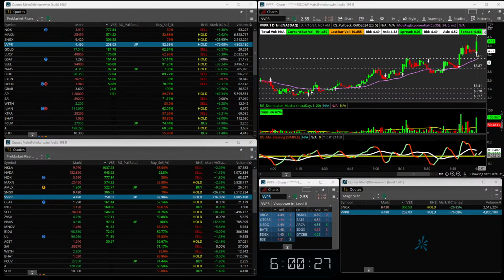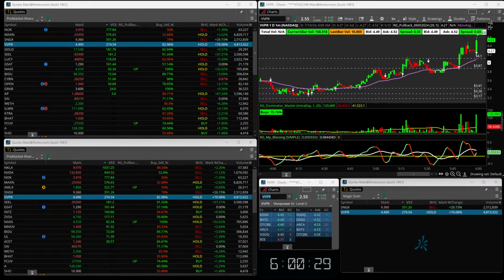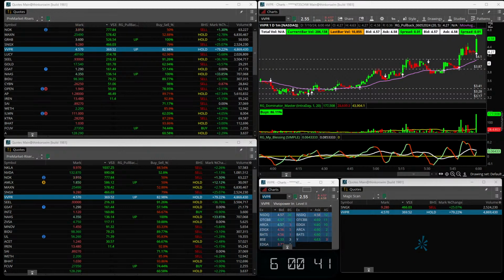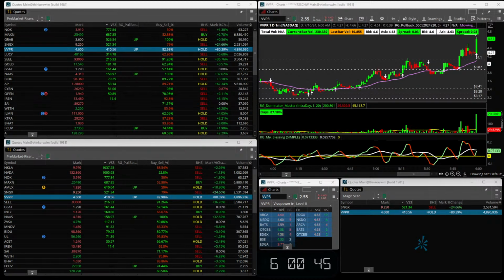Tall green bar. The My Blessing has turned around. Looks like a couple of profit takers. Let's see if it'll push up even higher. Pushing up slowly. Not a whole lot of buyers in this one.